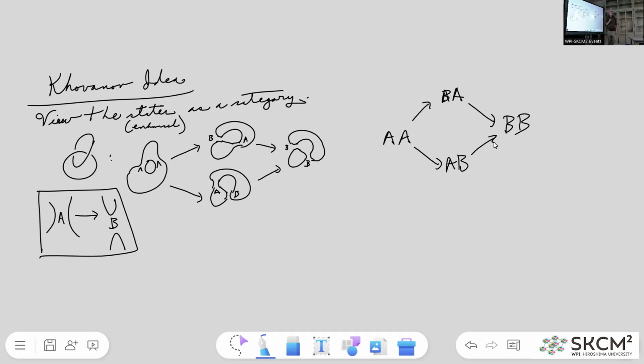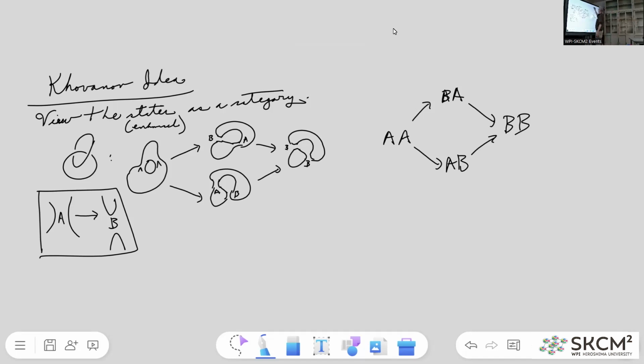A category is just a very general mathematical structure. A category is a structure that has nodes or objects and morphisms or arrows between objects. Hence, it's a directed graph, like this is a directed graph. But in the category, if you have an arrow from A to B and an arrow from B to C, then it's given that you have another composite arrow from A to C, which you don't necessarily draw when you're drawing everything in a category.